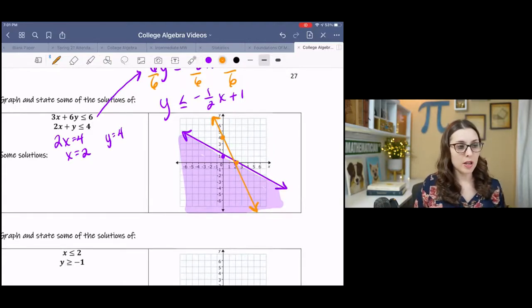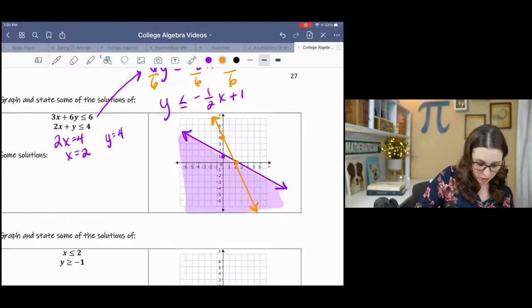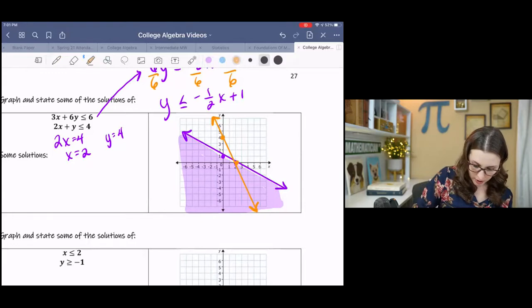And we can see where they cross, but that's not necessarily what we're looking for like we did in equations. Now we're looking for the region where their solutions are the same. So if I were to shade less than or equal to this line, that's going to be here.